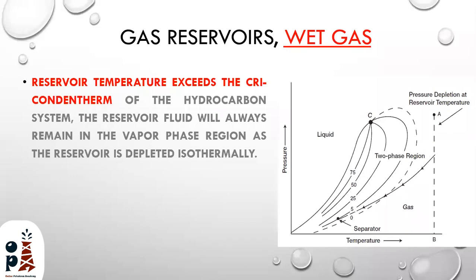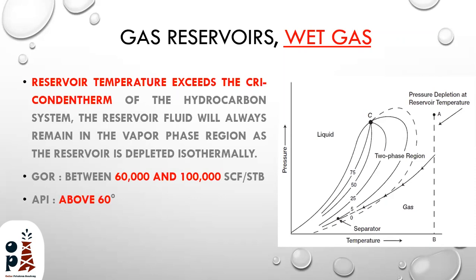So this is the difference between dry gas and wet gas reservoirs. The GOR for a wet gas reservoir ranges from 60,000 to 100,000 standard cubic feet per standard oil barrel, and the API of the separated oil is above 60 degrees.